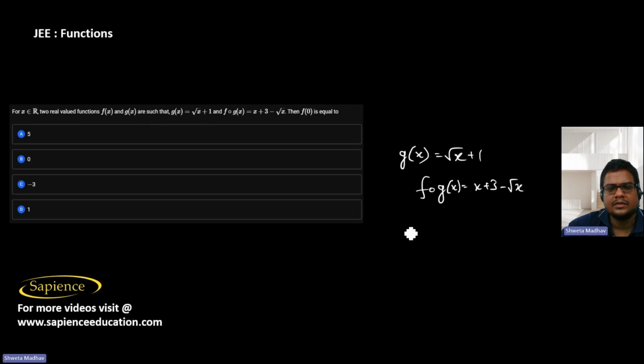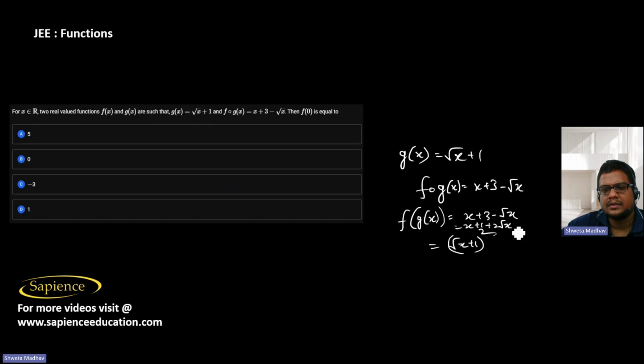And f of 0 is equal to? f of g of x will be equal to x plus 3 minus root x. So this can be written as root x plus 1 whole square, that will be equal to x plus 1 plus 2 root x, then minus 3 root x minus 4.